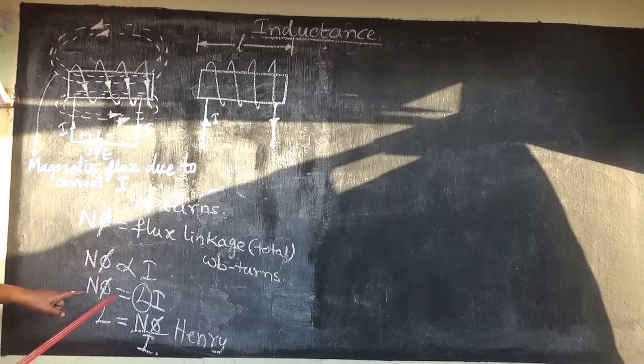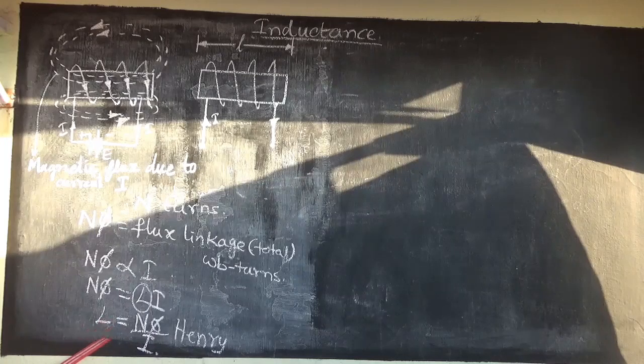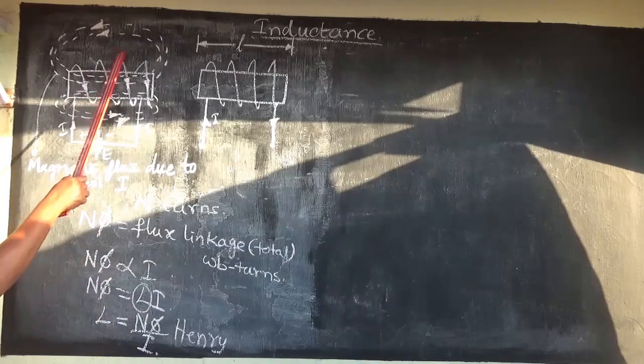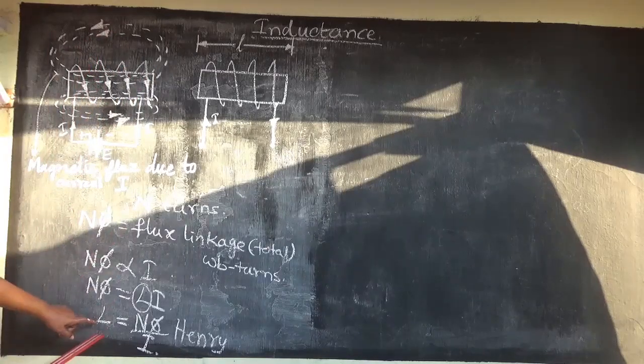To remove this proportionality, we put a constant there, and this constant is called inductance. Because the flux produced is linking with the coil itself, it is called self-inductance, and its formula is N phi by I, which is represented in Henry.